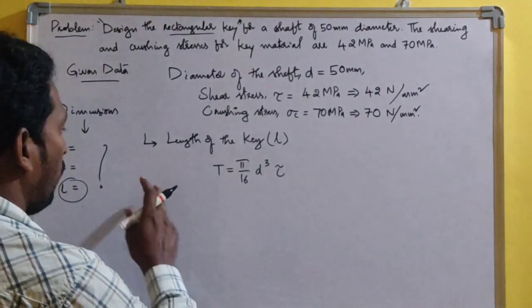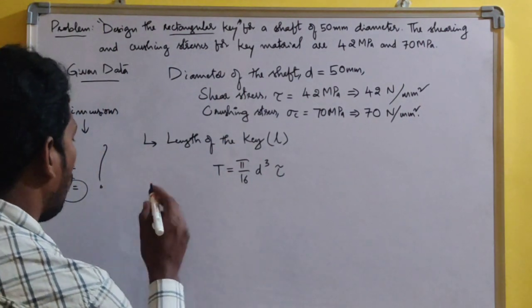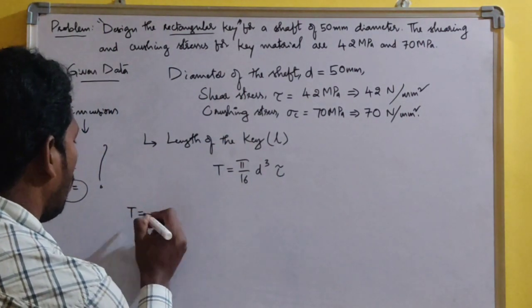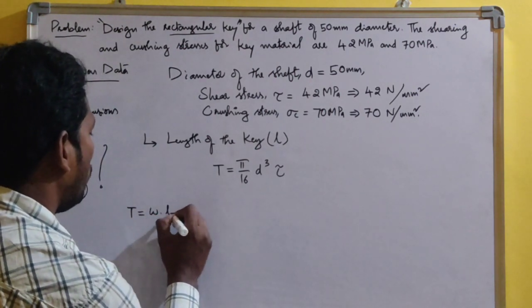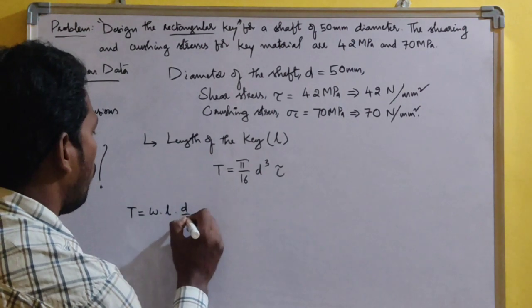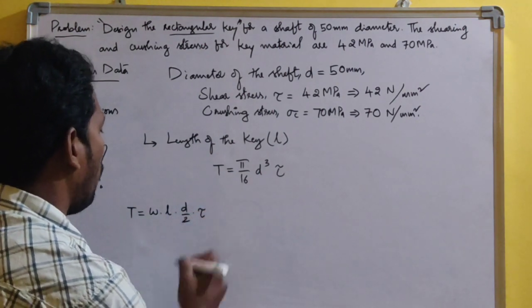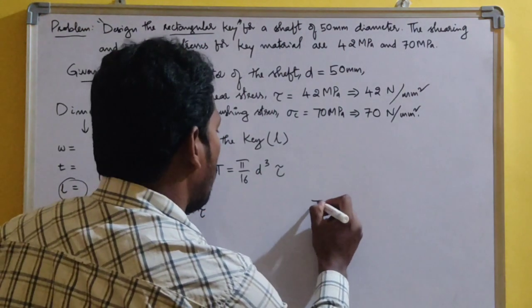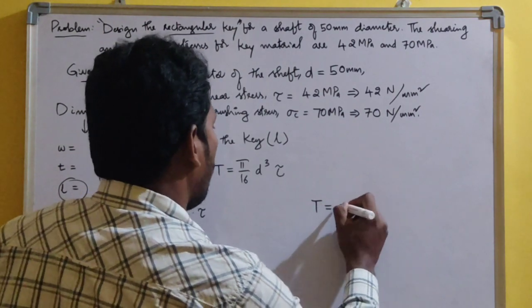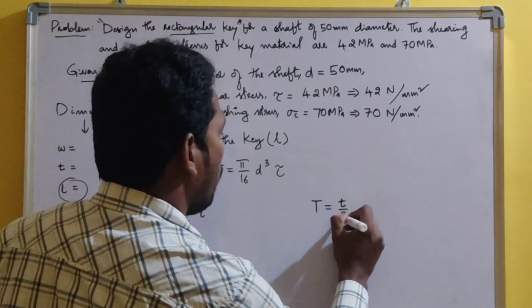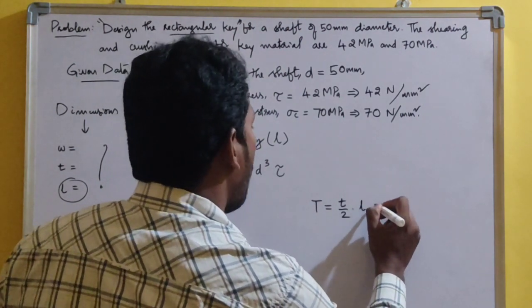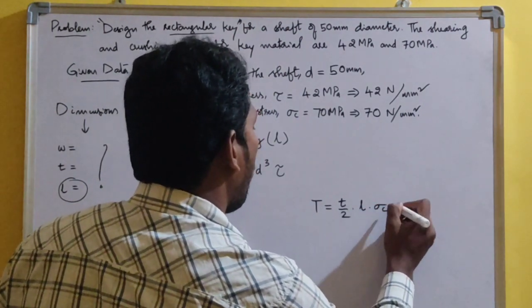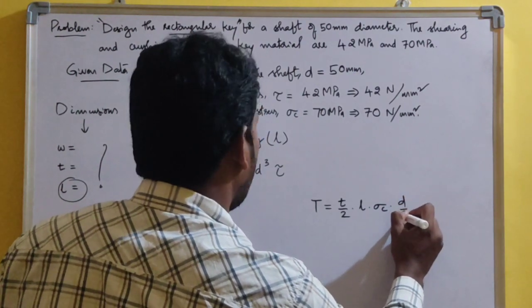First, according to the shear failure, the twisting moment formula is w into l into d by 2 into tau. Another relation, according to the crushing, is t by 2 into l into sigma c into d by 2.